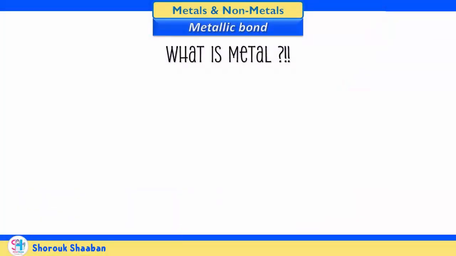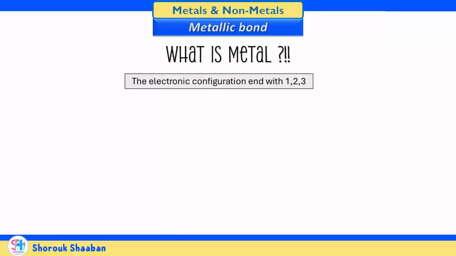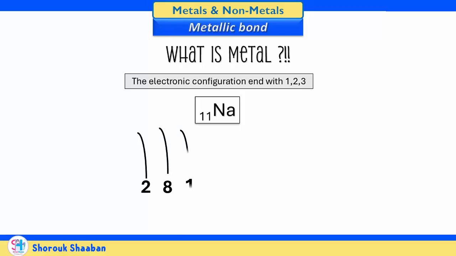We mentioned I can easily know it from its electronic configuration because metals have 1 or 2 or 3 electrons in the outermost energy level. Just like sodium that we drew before. It's 2, 8, 1. So 1 means I have metal.